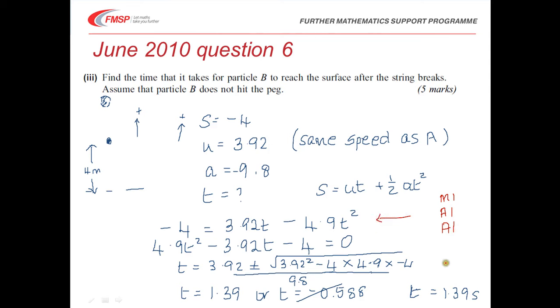And then a method mark which was dependent on your method mark up here, for solving your quadratic equation, and then an accuracy mark for getting it correct, 1.39. So quite a lot of marks for that question, so it is really worth going through that carefully. So 17 marks altogether.